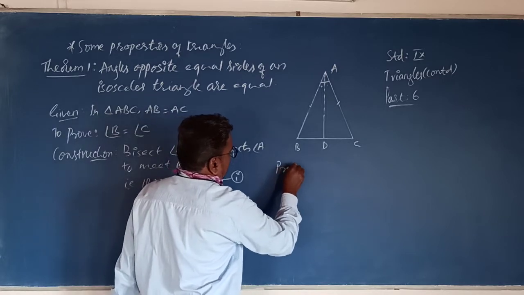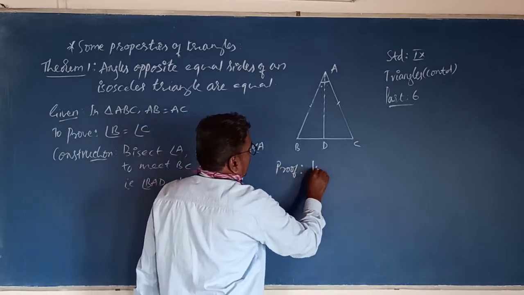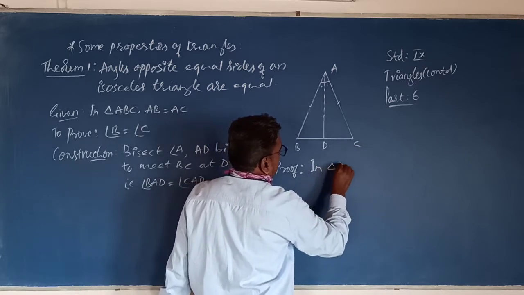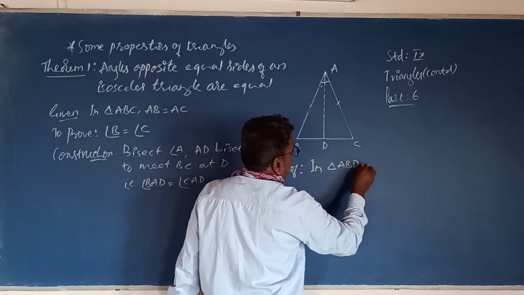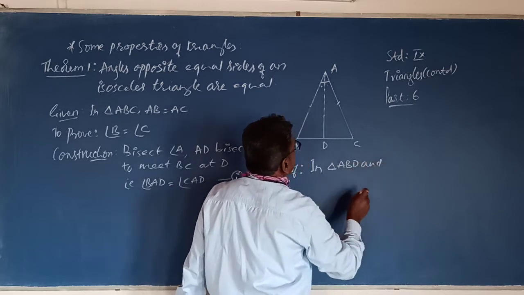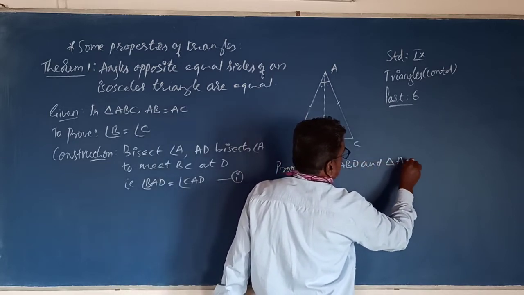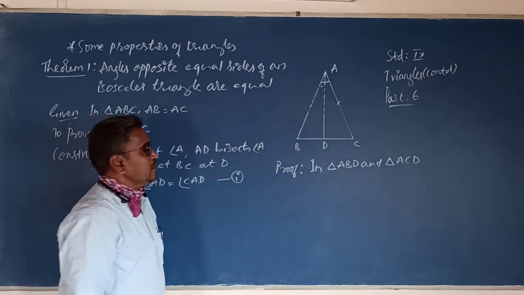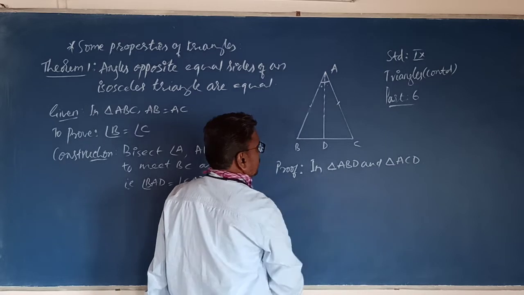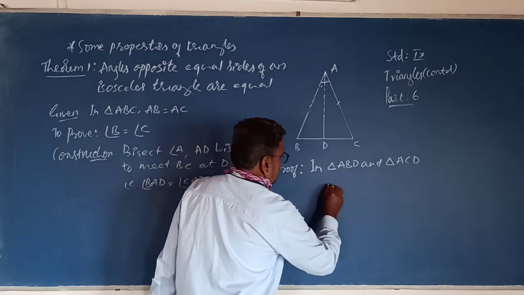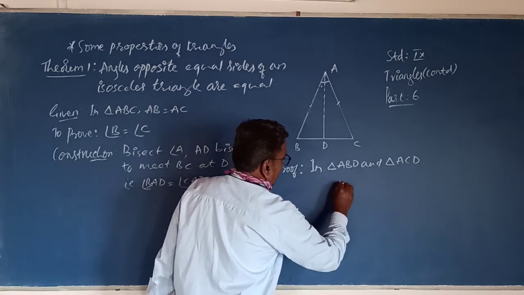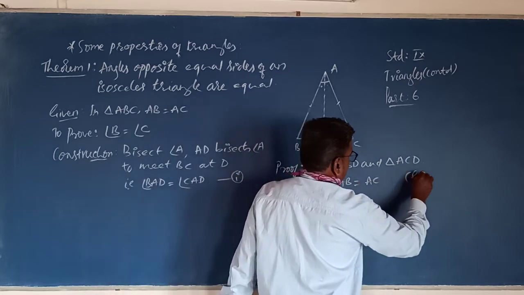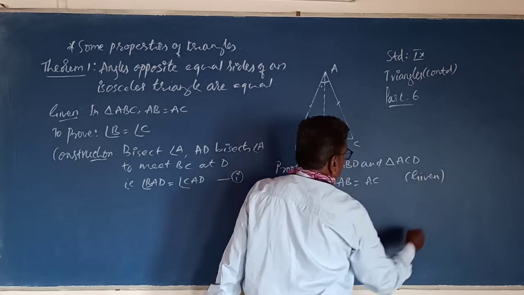Proof. In triangle ABD and triangle ACD, given that AB equal to AC, it is given.